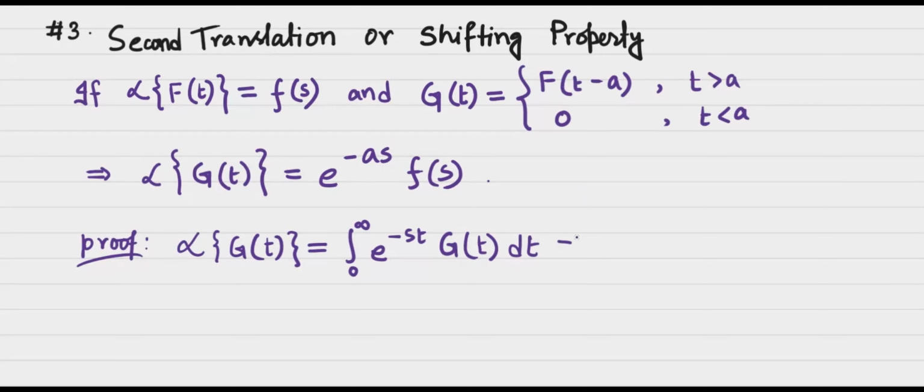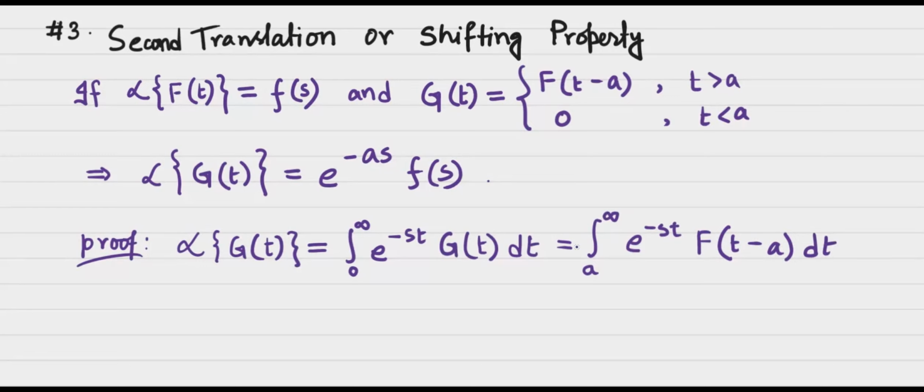So what we find is basically this is equivalent to writing a to infinity, because from 0 to a, that part is just simply 0, and the integration over 0, well, it is 0. So what do we find? We find e to the power negative st, and then f of t minus a dt.